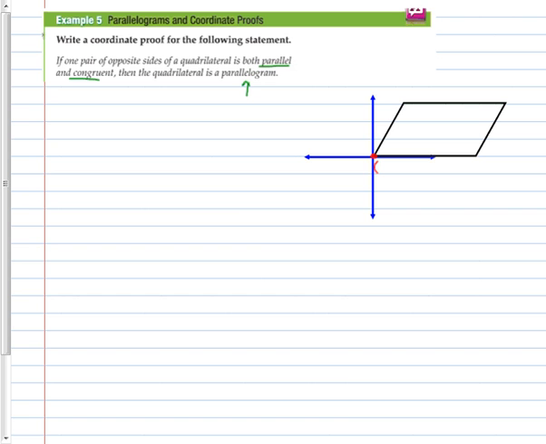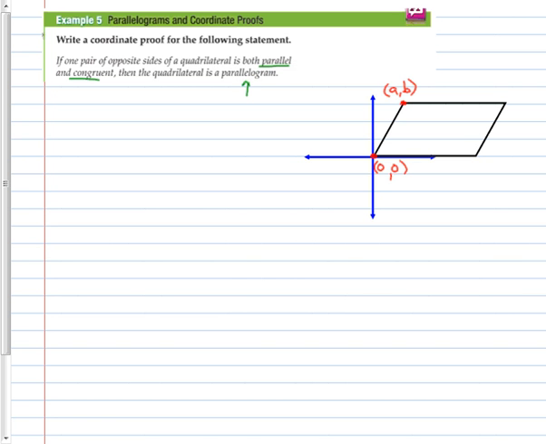We draw it in a special position. We want one corner to be at the origin, 0, 0. Then, I don't have any idea of the ordered pair that goes here as far as the numbers. So we just pick two variables. I'm going to pick A and B. That's the point over A, up B.